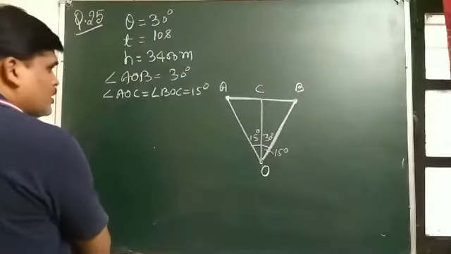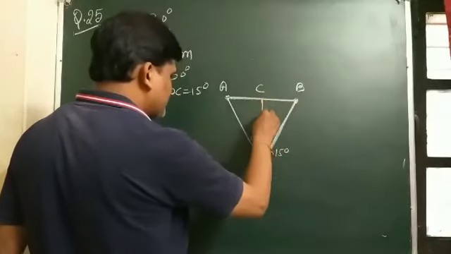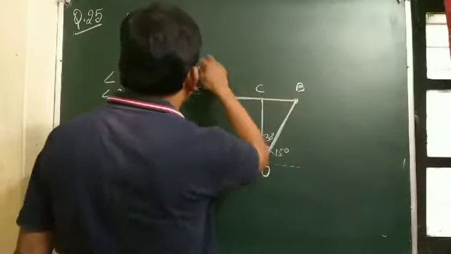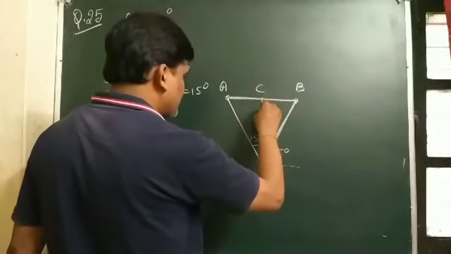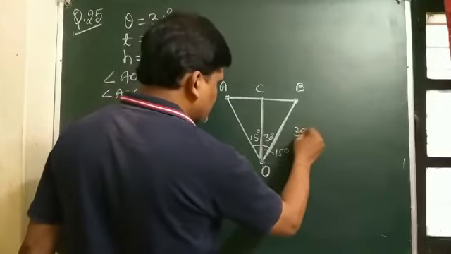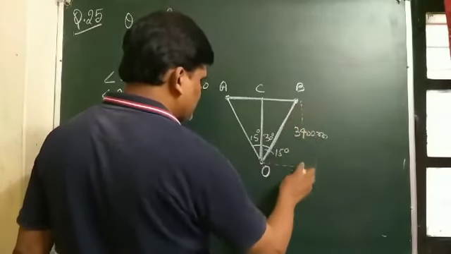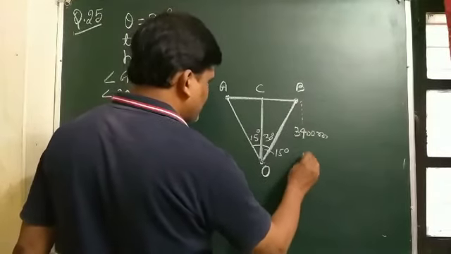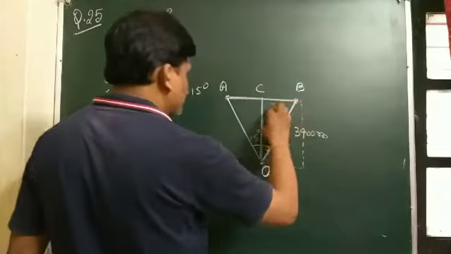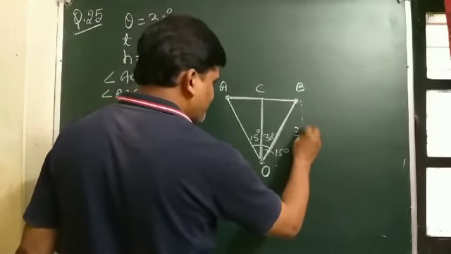And now the height, which is given as 3400 meters. This is the height of the aircraft from the ground, so this length OC is 3400 meters.